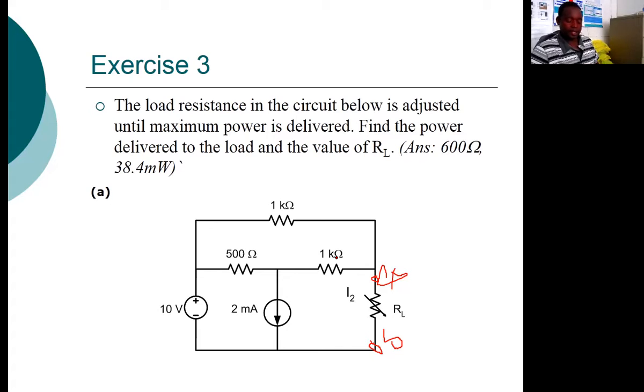Then we are measuring the voltage between those 2 points. We are measuring now the voltage between A and B. I will show you what I'm doing here so that you see how to reorient yourself.